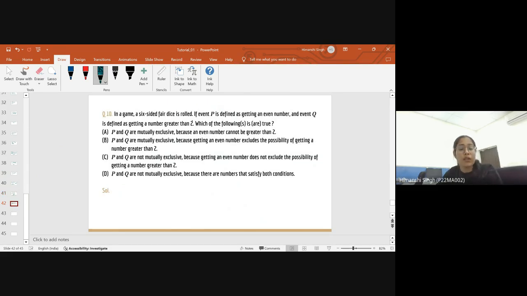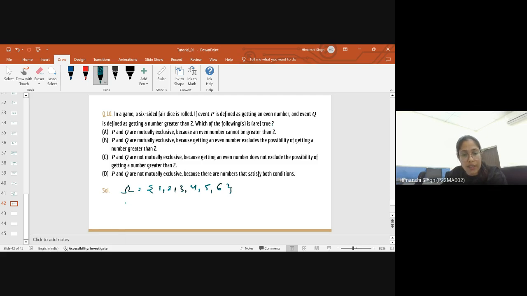So the question is, in a game, a 6-sided fair die is rolled. So our sample space is what? 1, 2, 3, 4, 5, 6, because we are rolling a die. Now, event P is defined as getting an even number.